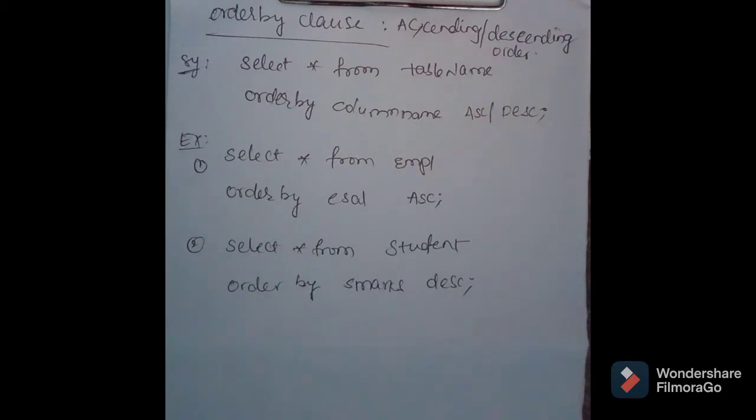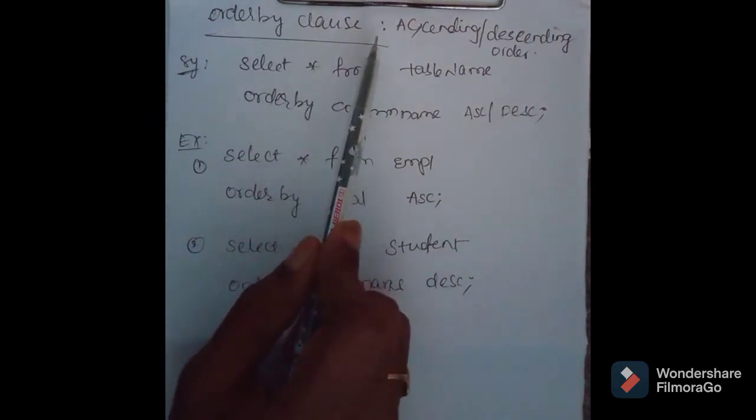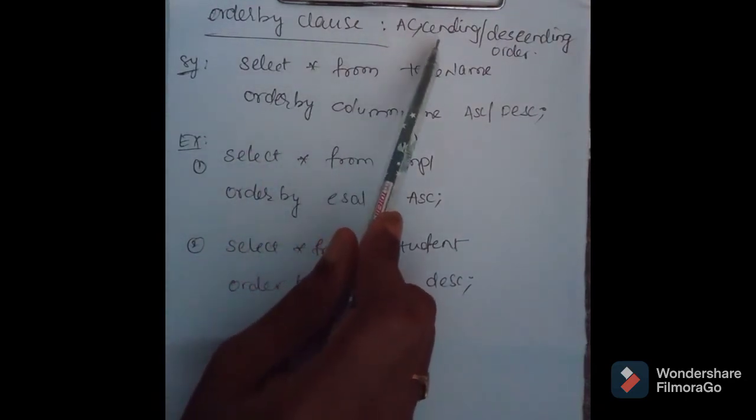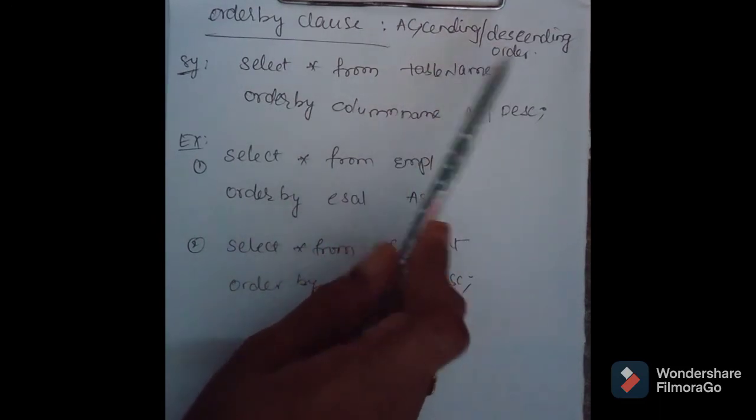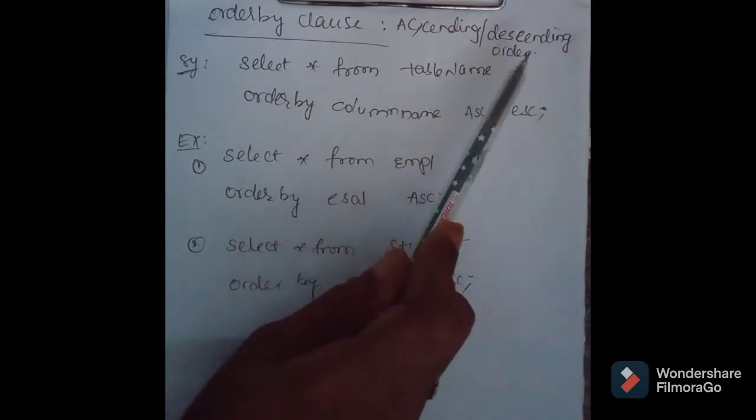Whatever you want to put in a particular order, we use a keyword called order by. So this order by clause is useful to arrange the rows either in ascending order or in descending order.